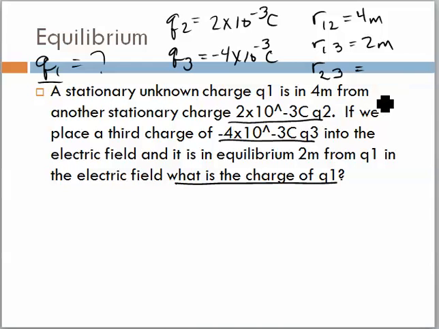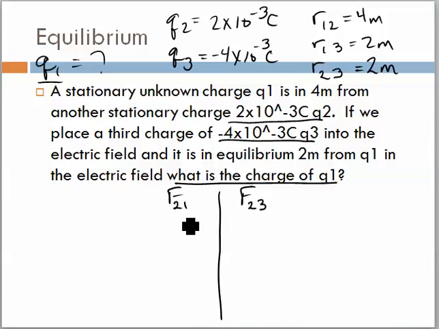They then tell us the distance between 1 and 3 is 2 meters. Hence, the distance between 2 and 3 also has to be 2 meters. So when I go to set this up, again, the force on 2 due to 1 is also equal to the force of 2 due to 3.